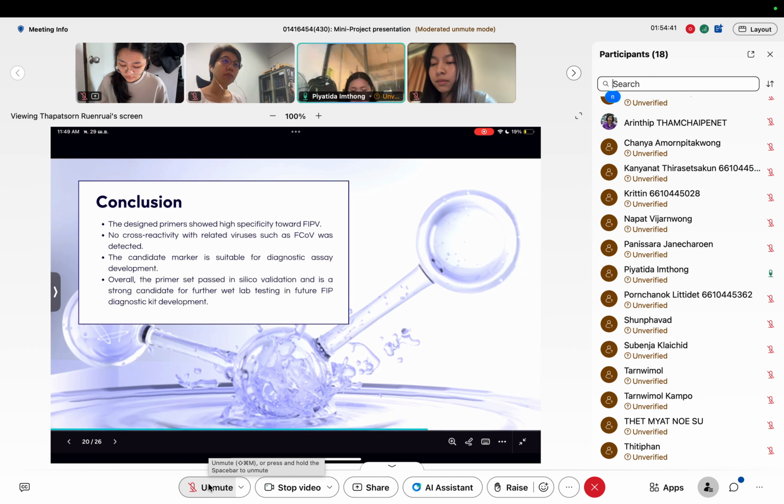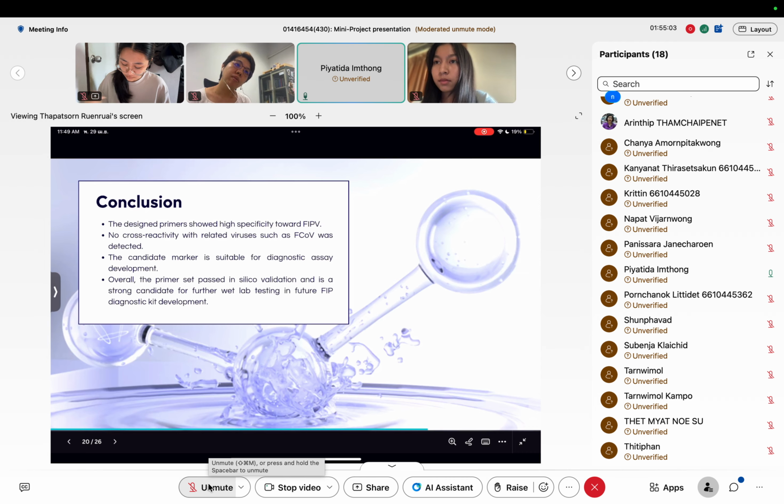So in conclusion, our study has yielded promising results. The designed primer demonstrates high specificity toward FIPV, with no cross-reactivity detected against related viruses such as FCoV. These findings confirm that our candidate marker is highly suitable for diagnostic assay development.